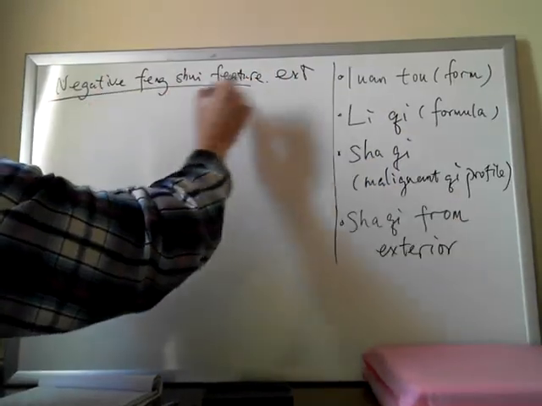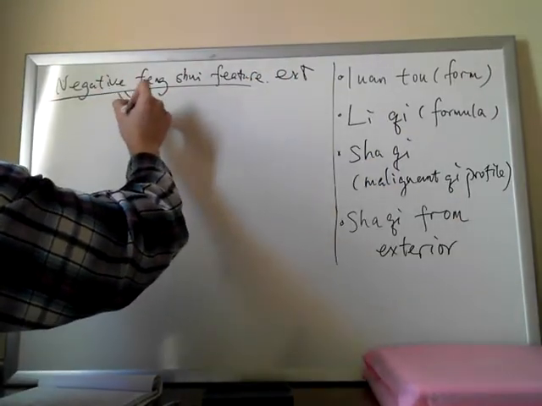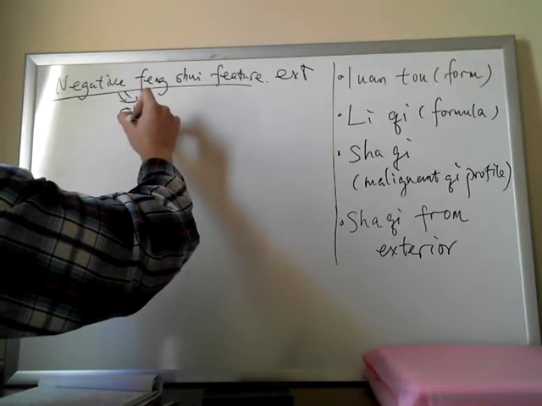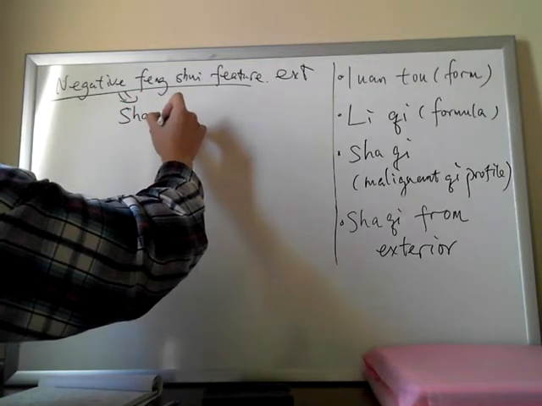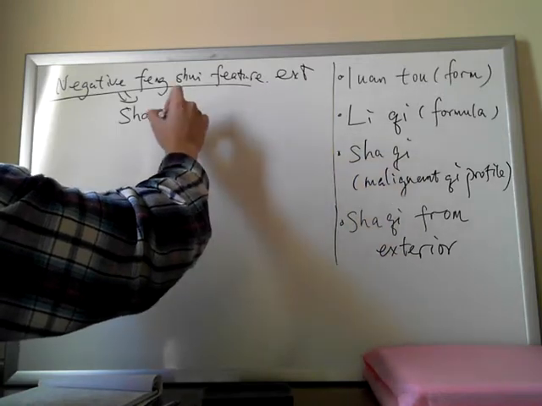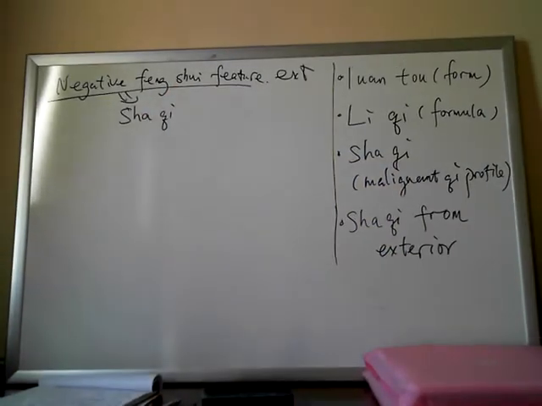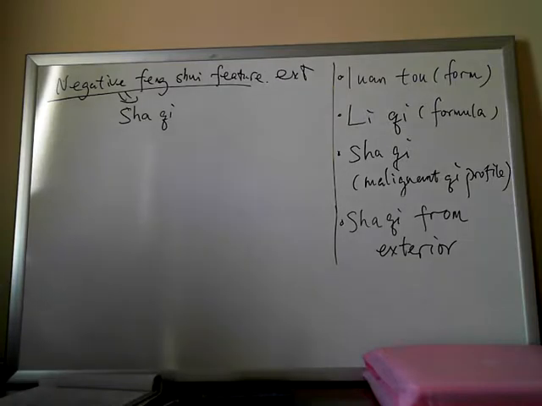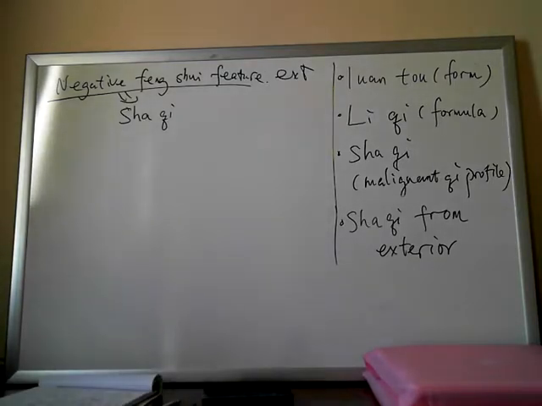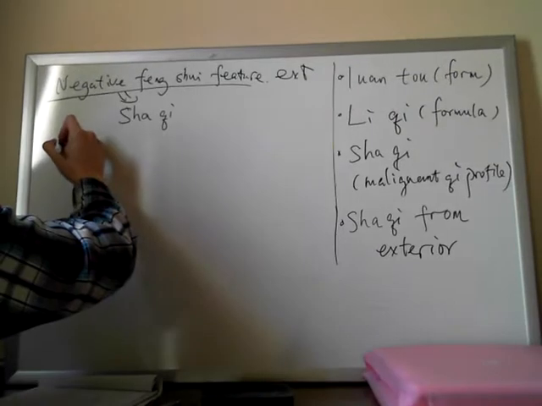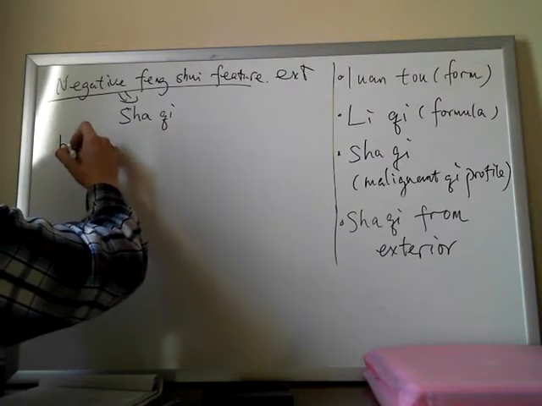So negative feng shui feature here, I just mean the sha qi, because this feature, those forms will generate sha qi. So okay, the first example is called bowl-shaped road or bowl-shaped water, bowl-shaped river.